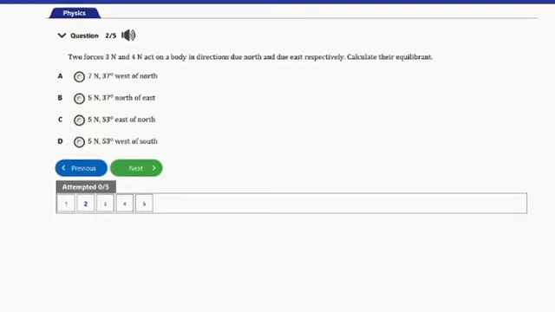So question number 2 says, two forces, 3 newtons and 4 newtons, act on a body in directions due north and due east respectively. Calculate the equilibrant. If we use this triangle formula, let's draw this as a triangle where 3 newtons is for north and 4 newtons is for east.